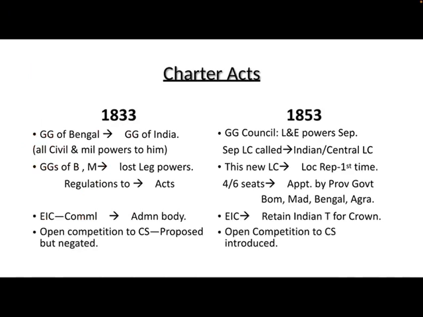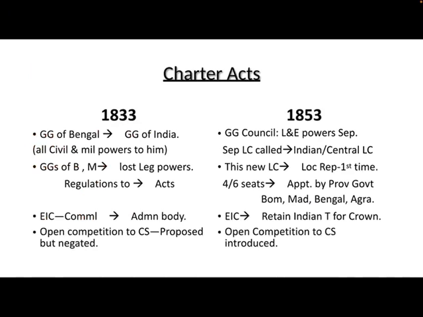One group will see the legislative power and another group will see the executive powers in the council. Then there was a separate legislative council, called the Indian or the Central Legislative Council. And this new legislative council had local representation for the first time.